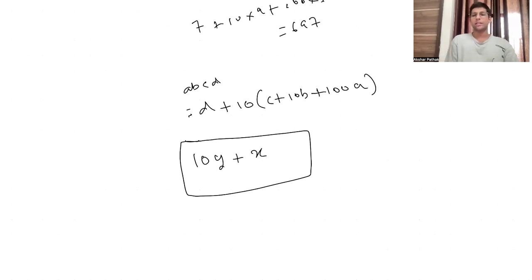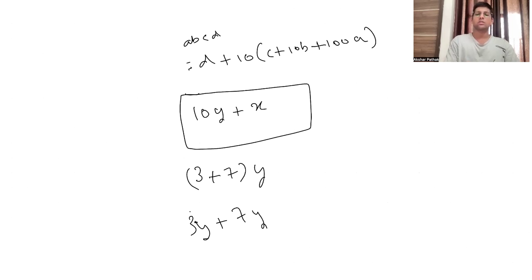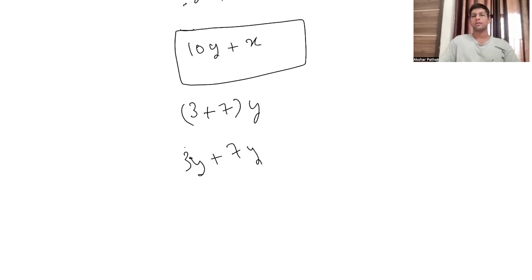Can I write 10 as 3 plus 7, so (3 plus 7) times y? But it's irrelevant, because if you open it up, it will be 3 times y plus 7 times y. Now you will have to check for 3. It's not the right way.